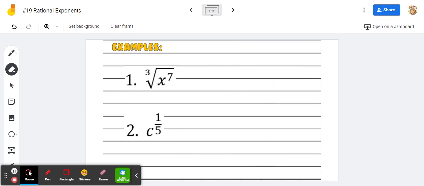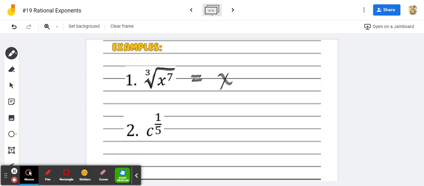All right, time for some examples. We have 4. Get ready, here we go. So notice this first example is in root form. That means we want to change it to be in power form. So to go into power form, we need to know what is the base. Well, the base is x.